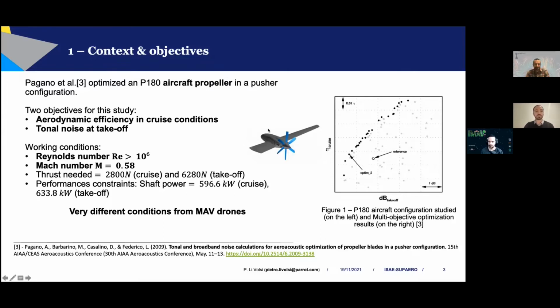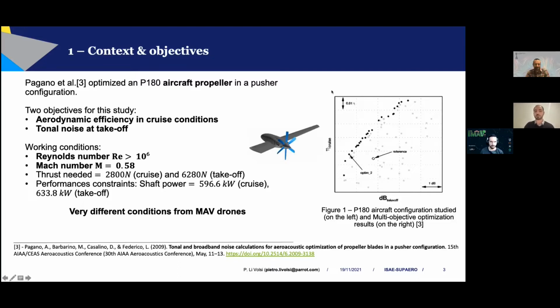In this case, the objectives were the aerodynamic efficiency in cruise conditions and the tonal noise at takeoff. Here you can see on the right-hand side a graph on which on the x-axis you have the decibels of tonal noise at takeoff, and on the y-axis the eta cruise, the efficiency in cruise condition.